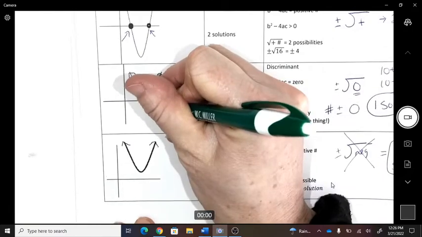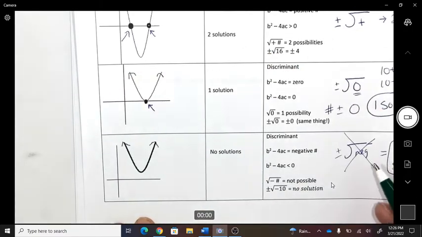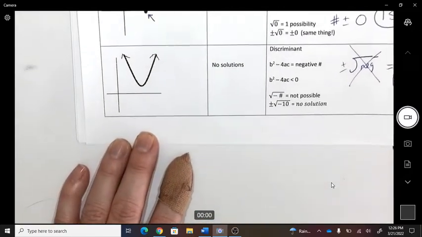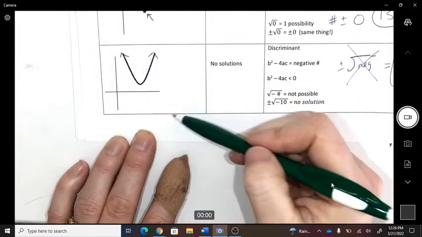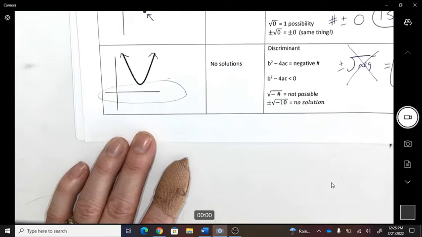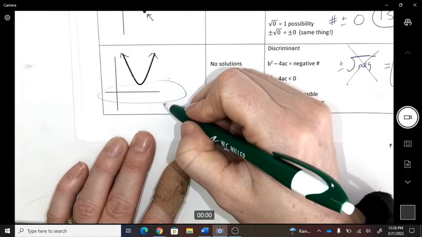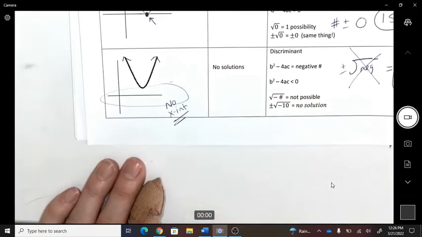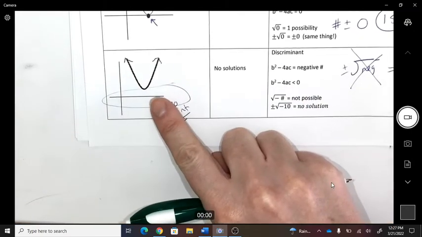This one only has one. And if the discriminant is negative, what could be going on? How many times will this ever cross this? It won't. It has no x-intercepts. That's what it means. Do you see visually? This thing is never going to cross.